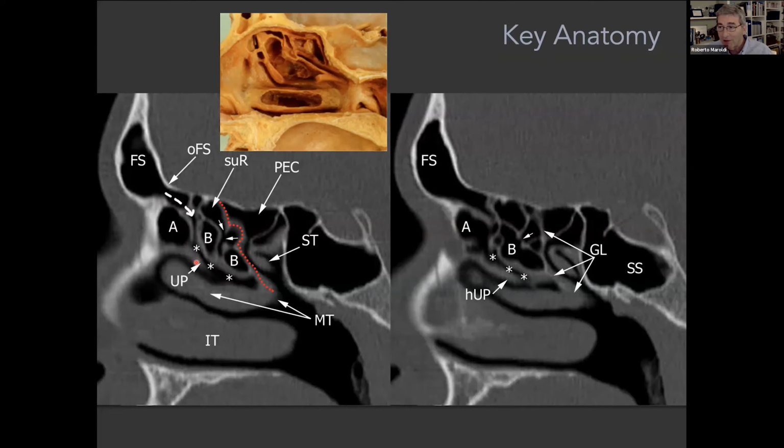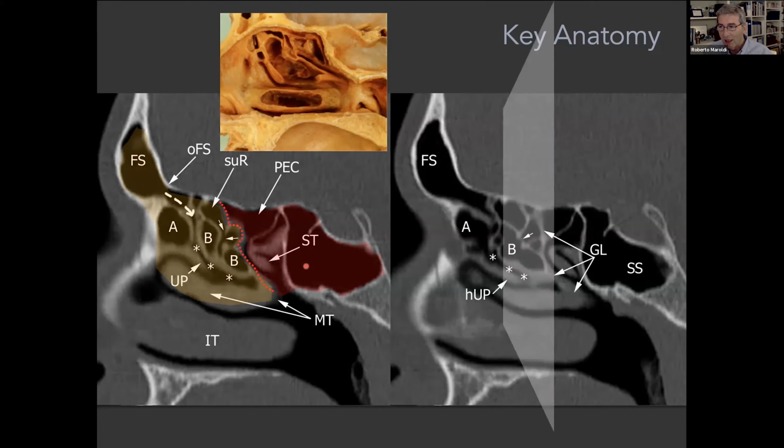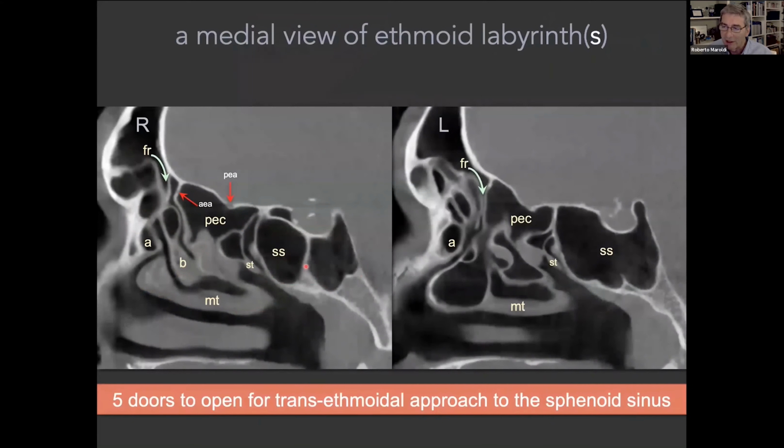The anatomy can be very different from one side compared to the other side. Posteriorly, we have the posterior ethmoid cells, the superior turbinate, and the sphenoid sinus. That is the difference, and it is important from the point of view of access, because there are five doors already mentioned, for example, a transethmoidal approach to the sphenoid sinus.